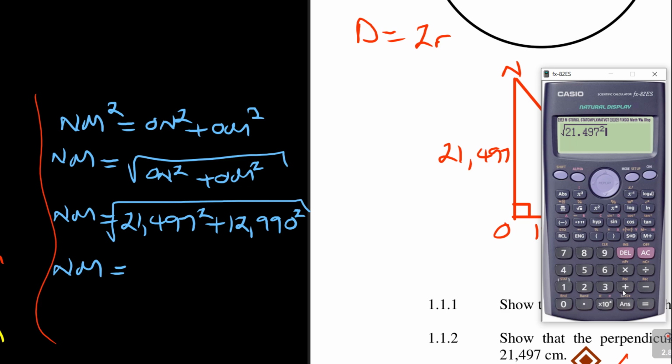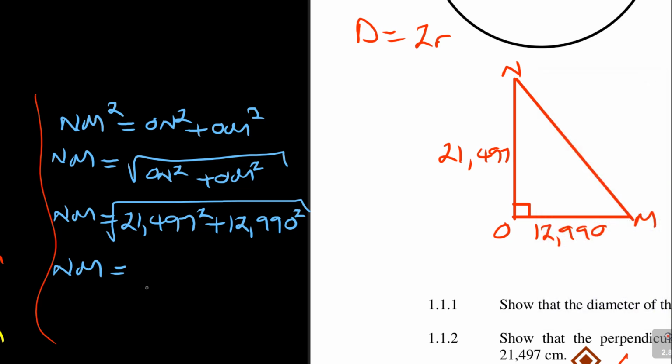All right, so it is 25,1169, which is 25,117 to 3 decimal places.